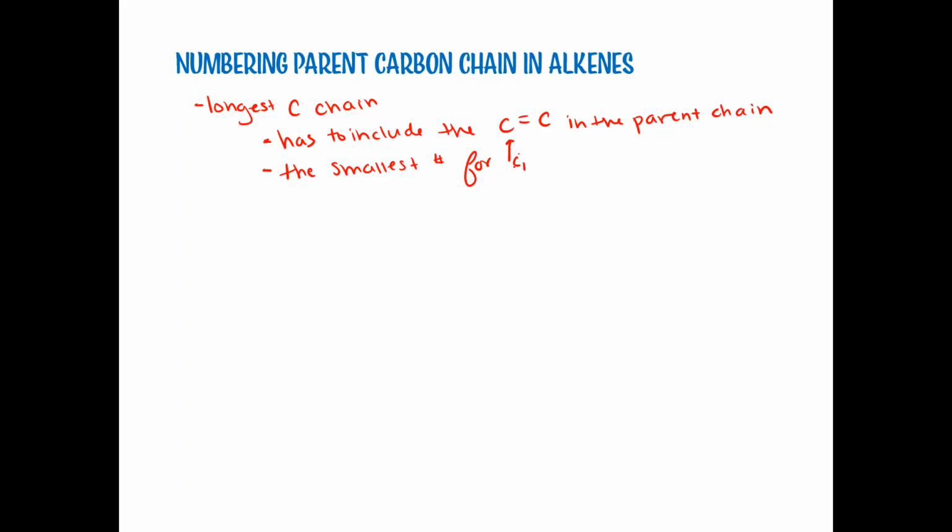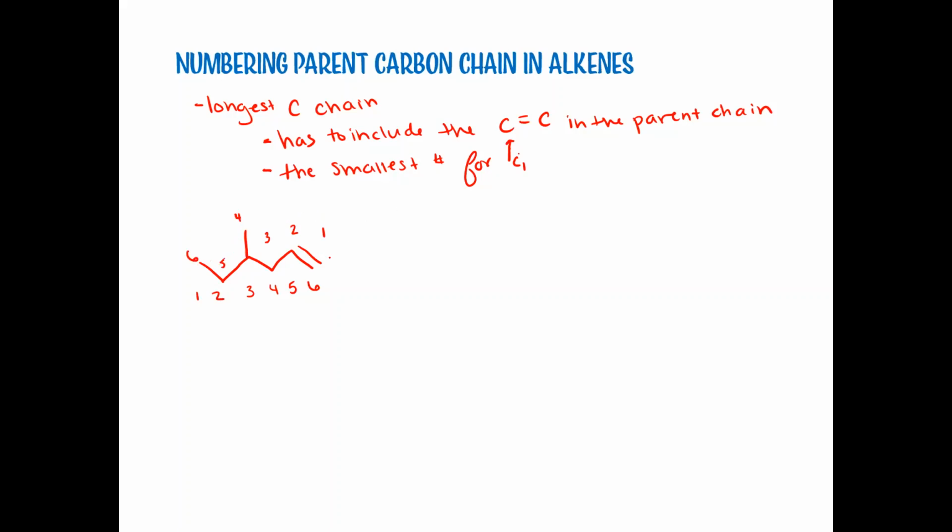So let's do an example. We have this molecule here. If we count, we can either do 1, 2, 3, 4, 5, 6 carbons this way, or we can do 1, 2, 3, 4, 5, 6 carbons the other way.